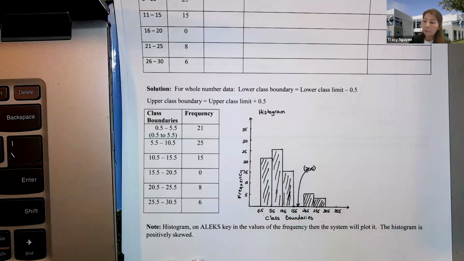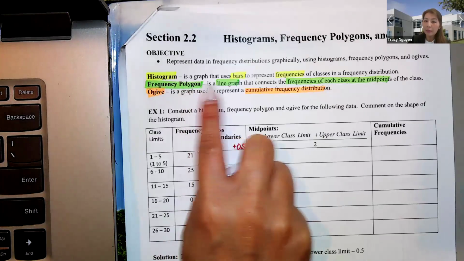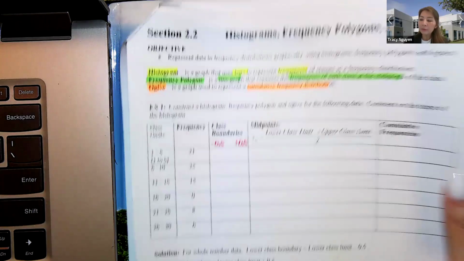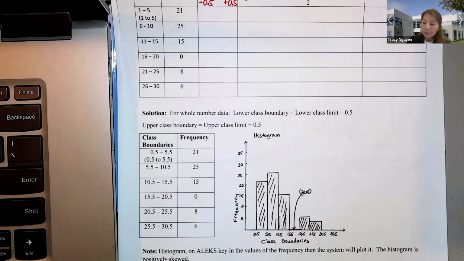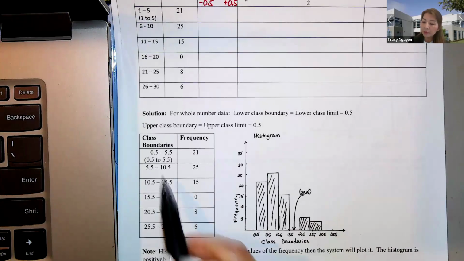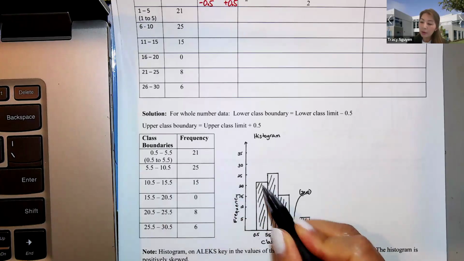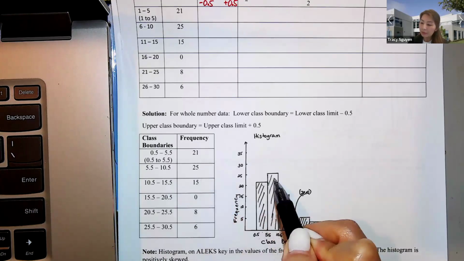We said that a histogram is a graph that uses bars to represent the frequencies of the classes in a frequency distribution. From 0.5 to 5.5, we have the frequency of 21, so we draw our bar up to 21. From 5.5 to 10.5, we have the frequency of 25.